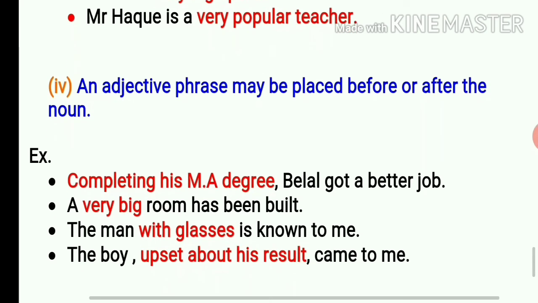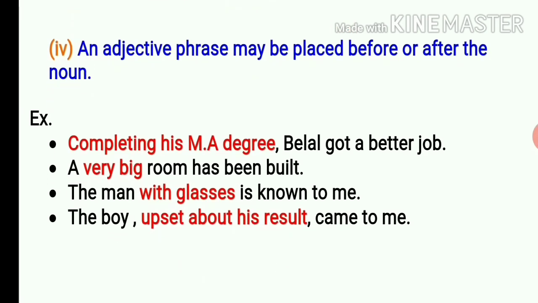Then, the fourth rule. What does it say here? An adjective phrase may be placed before or after the noun. Examples. The first one, completing his MA degree, Bella got a better job. Here we can make a question about Bella.